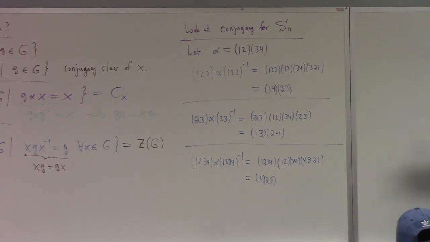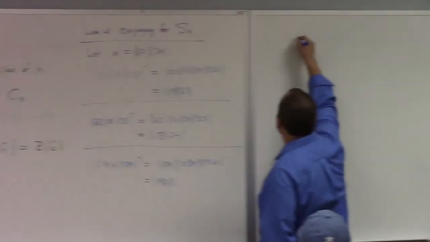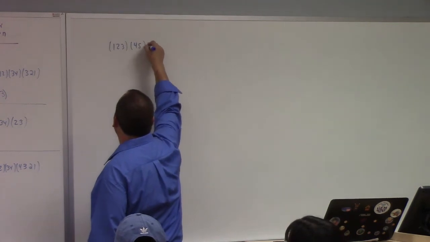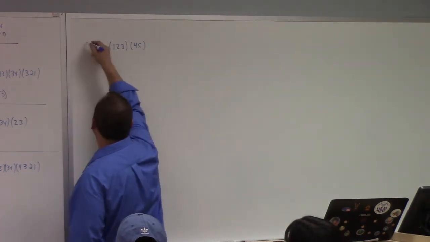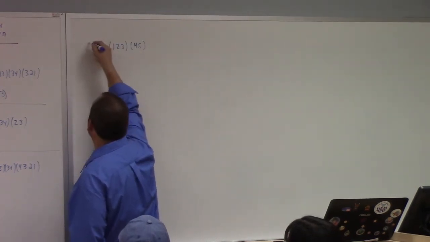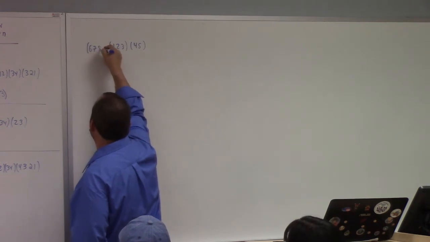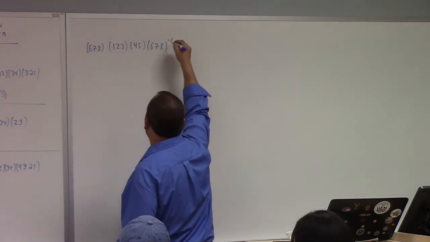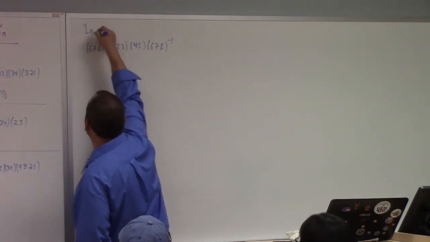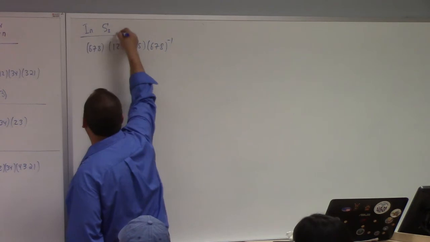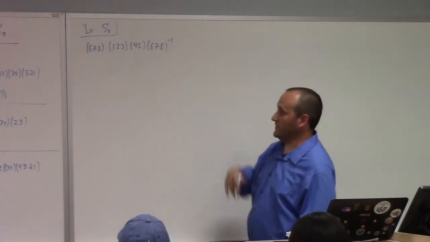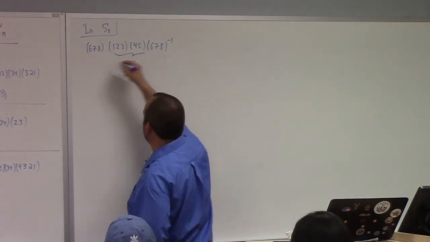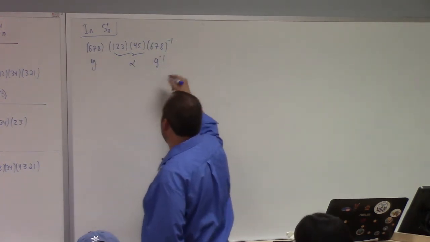What if I take the cycle 1, 2, 3, 4, 5, and I conjugate by the cycle 6, 7, 8. This is in a bigger group, S8, another related but similar calculation. Let's try this out, see what happens. I'm thinking of this as being my cycle alpha, so to speak, and here's my G, and here's my G inverse. What happens?